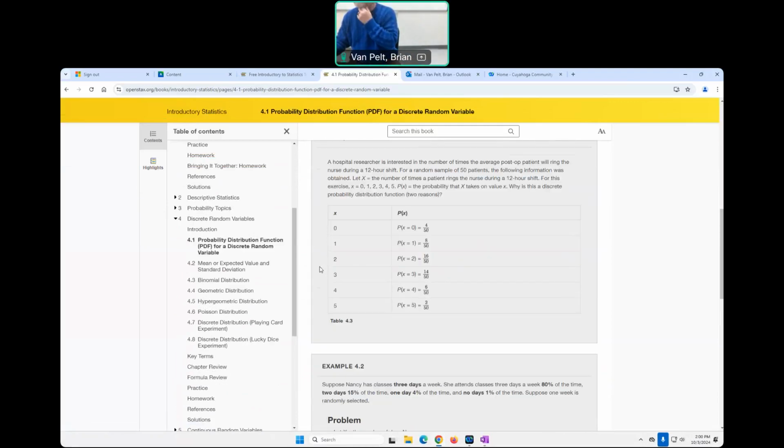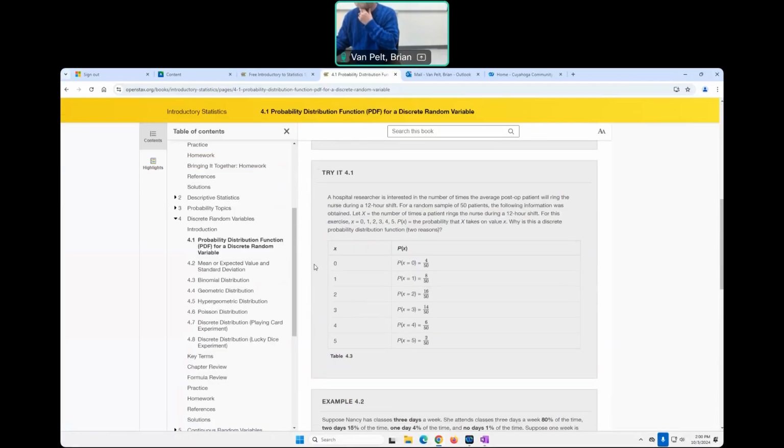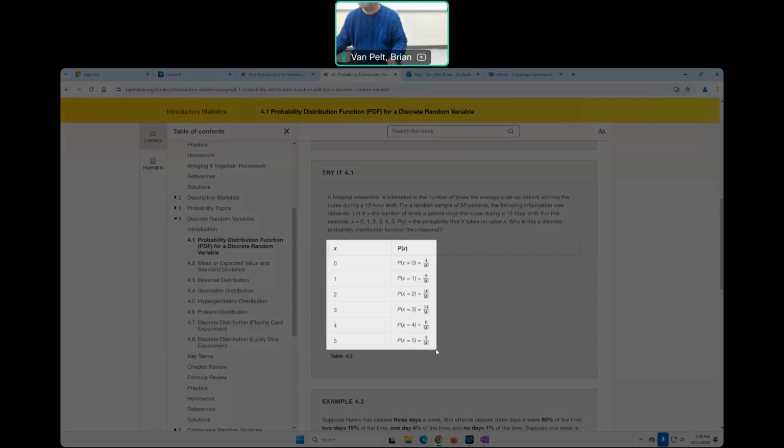Here, we talked about probability distribution functions. I just want to put the table up here. I don't want to put anything more than that because there's a couple of things that you need to know about these.